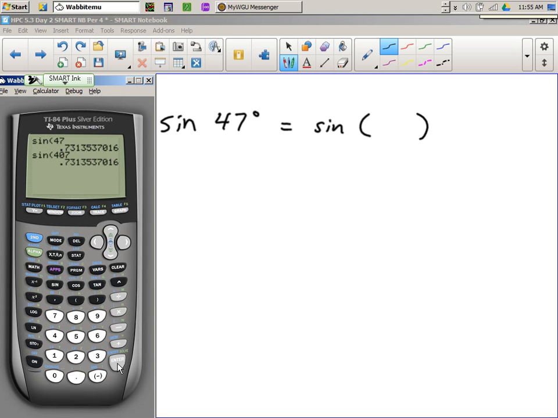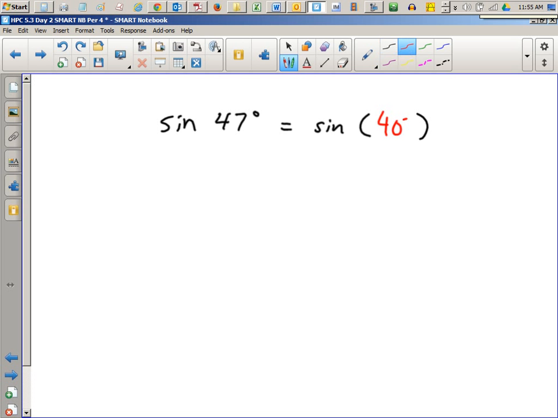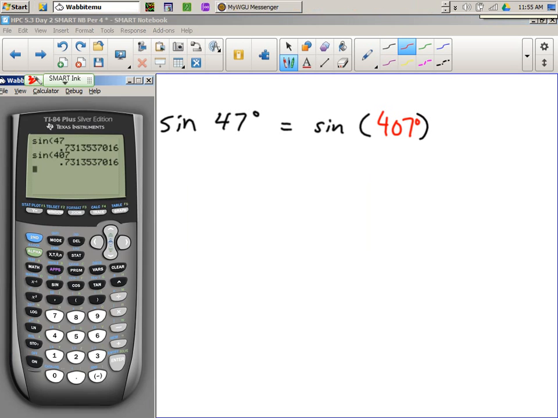It's the same answer. So, can you justify it? How would you justify that? Why is it going to work? Because 47 plus 360 is 407. And so that's the same place as 47 degrees would be.